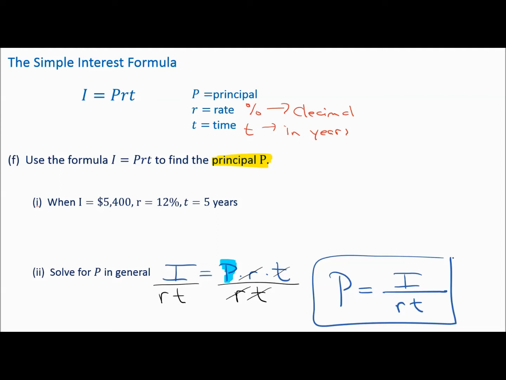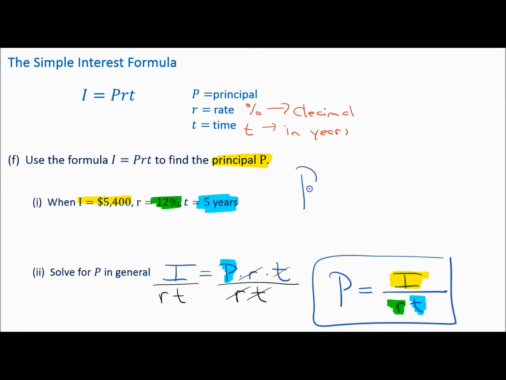Now if we go back to the first question, then we can easily just plug in. If you'll notice, it says I is 5,400, so I'm going to put that here. R is 12%, so I'm going to put that here, although I'm going to change it to a decimal first. And T is 5 years, and I'm going to put that there.